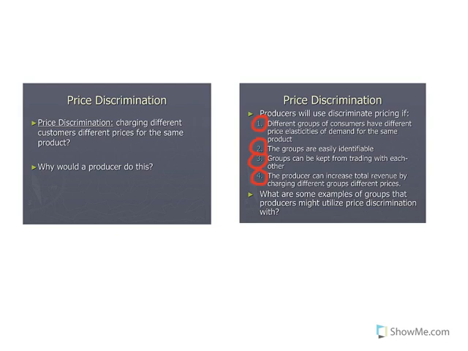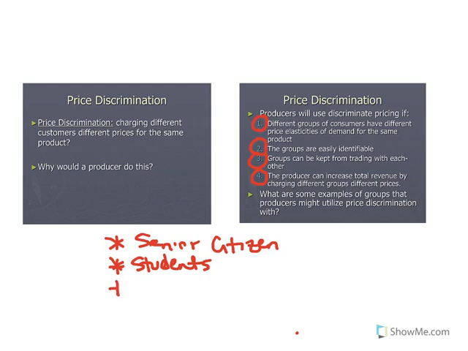But in addition to senior citizens, we can think of other groups of people that firms practice price discrimination against. Students. Oftentimes if you go places, you'll notice that students get different prices than the general population. And again, that would make sense. Students probably have a different elasticity of demand because they generally have a much lower income. They're full-time students, they're not working, so they don't have as much money.